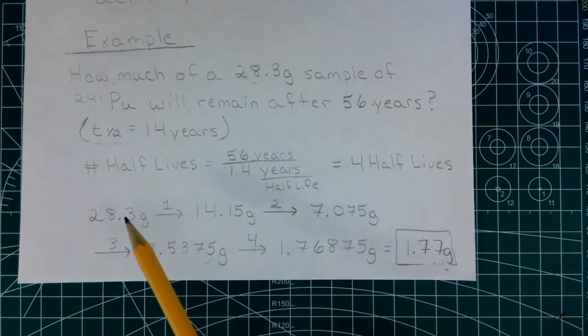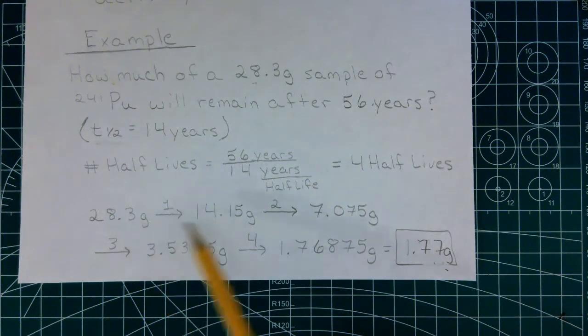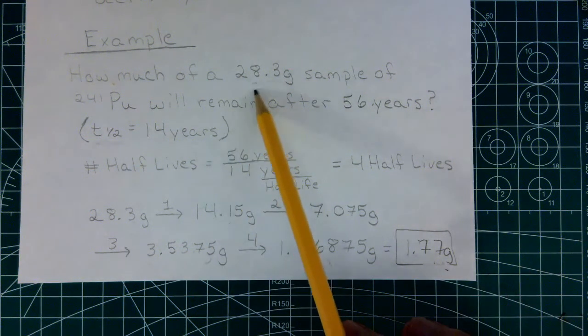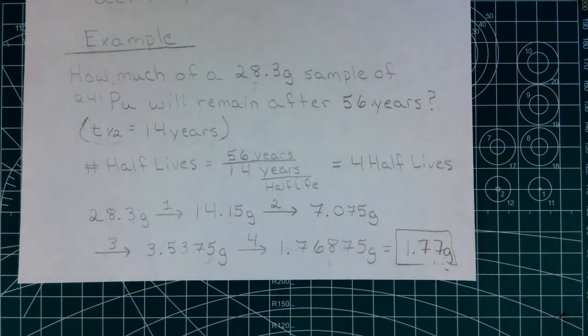In the first half-life we've released the radiation equivalent of 14-ish grams. And then after the second half-life, we've only released enough radiation for 7 grams and so on. So the amount of radiation being released is going down, and the amount of radiation that's left is going down, but it's slowing and slowing and slowing. And it will take a very long time to get rid of all of the 28.3 grams of radioactive material.